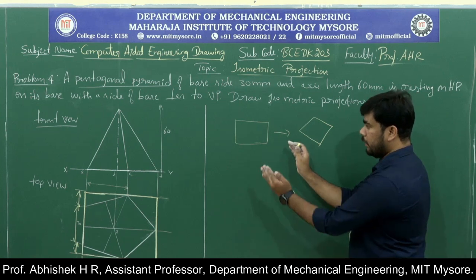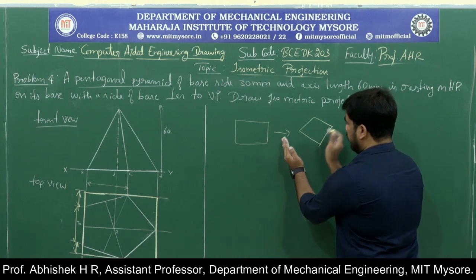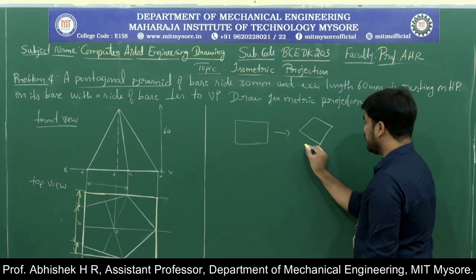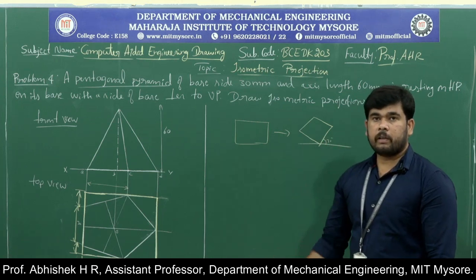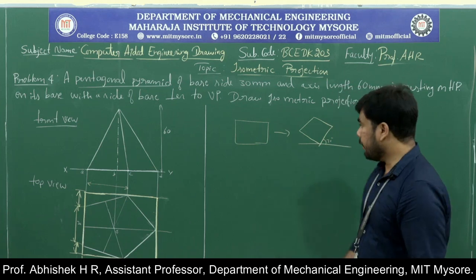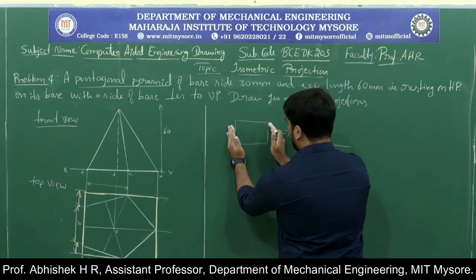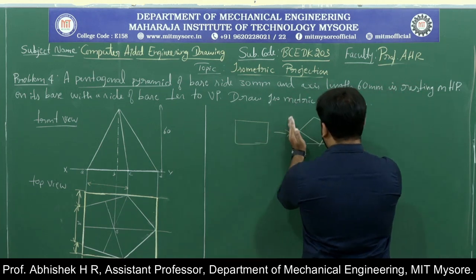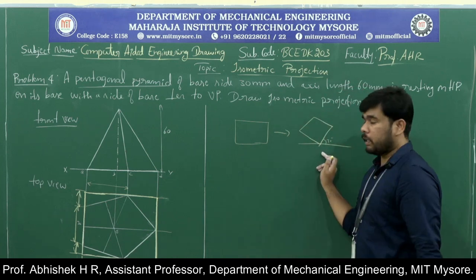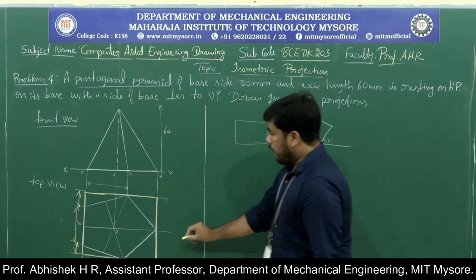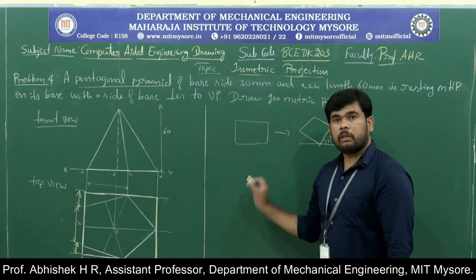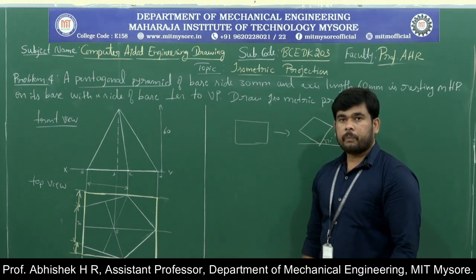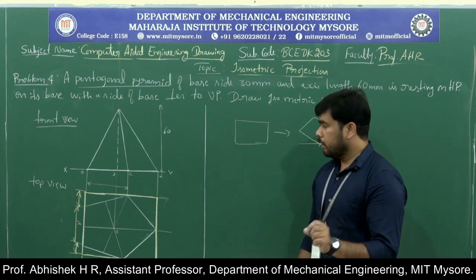Now that square has been tilted to the 30-degree orientation. Why? Because this is printed on the isometric page, it should lie on the 30 degrees. So when this square is tilted with respect to 30 degrees, now you can easily plot the pentagonal pyramid on the isometric page. I hope you got my point.